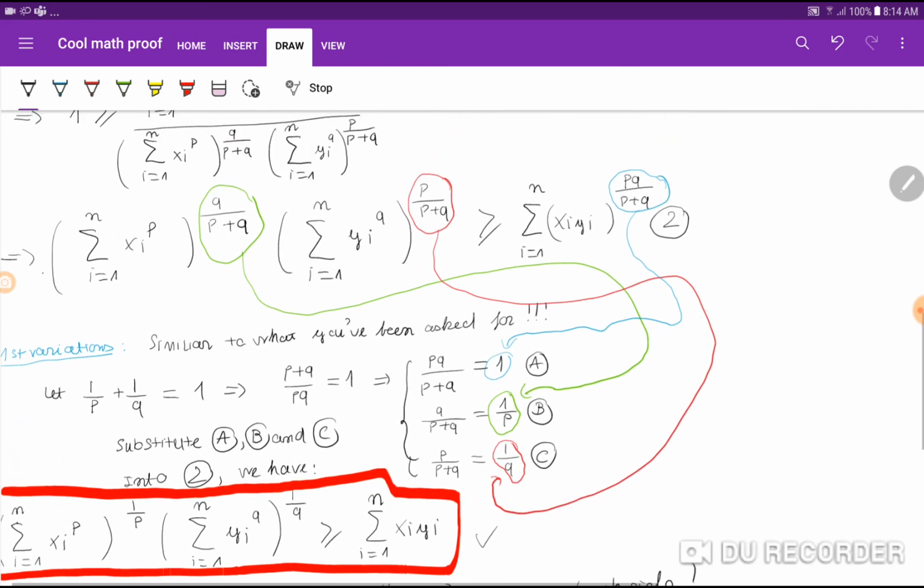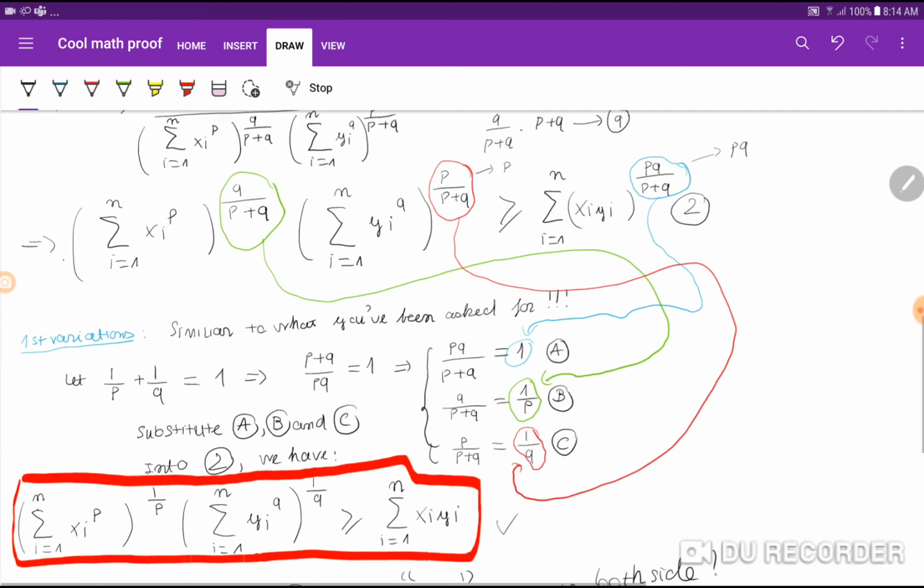So if you raise both sides of 2 to the power p plus q, q over p plus q times p plus q becomes q, and similarly this one becomes p, and this one becomes pq.